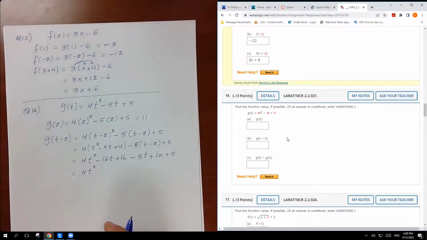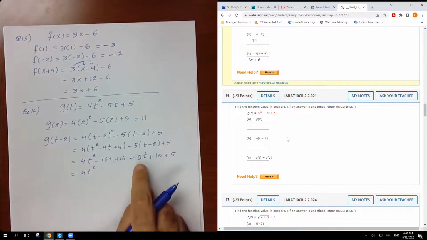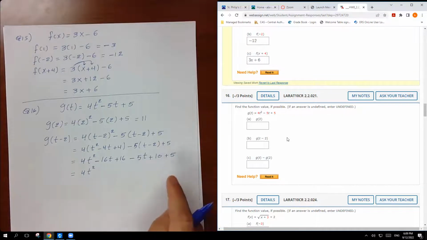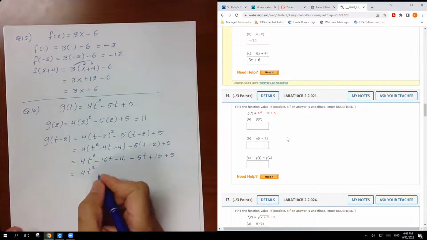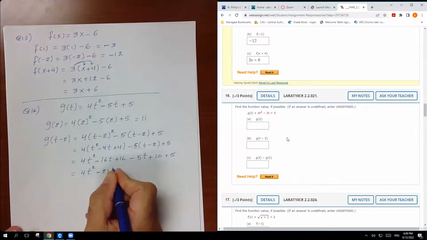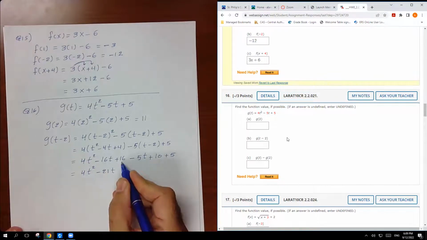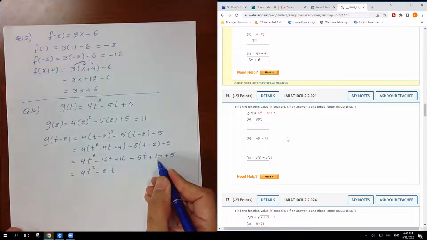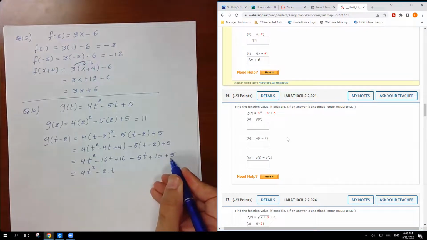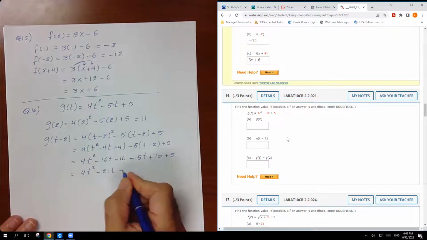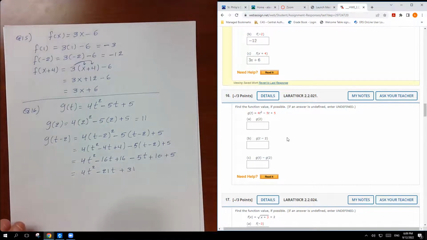Now, negative 16 minus 5 is going to be negative 21t. And 16 plus 10 is going to be 26, plus 5 is going to be 31. So this is the result of g of t minus 2.